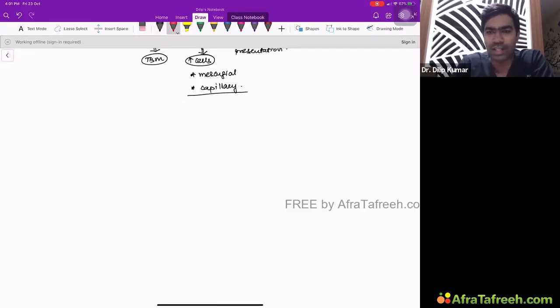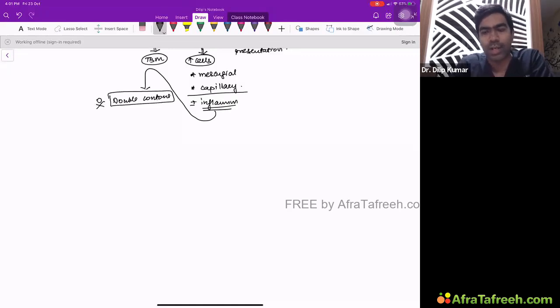Along with it, these cells that are coming along with a lot of inflammation, there will be too much inflammatory infiltrate. That, along with this thickening of base membrane, typically produces an appearance called a double contour. Double contour appearance. This is very classic. I mean, not seen in all the cases, but very classic. And that's what your exam questions will be.